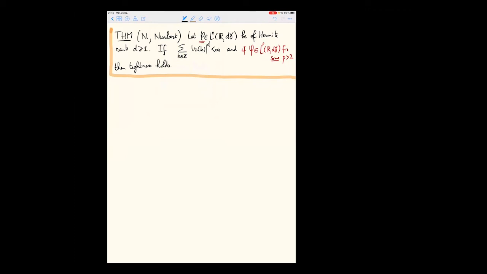For instance, imagine the example where phi of x is the absolute value of x, which is not centered, so you subtract the square root of 2 over pi. This function has Hermite rank d equals 2, so it falls in the Breuer-Major setting. If R is square integrable, then you get tightness because phi of course belongs to L^p.